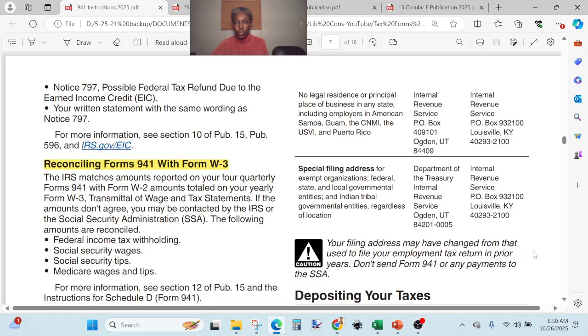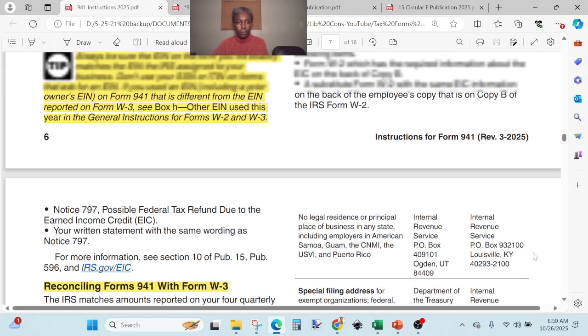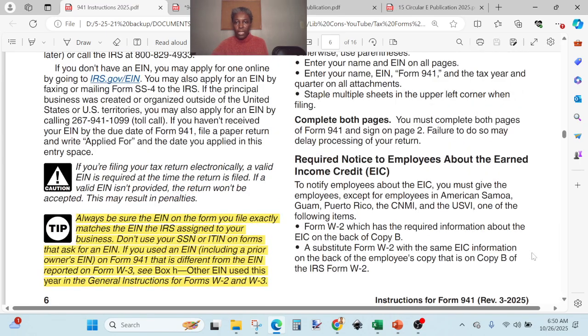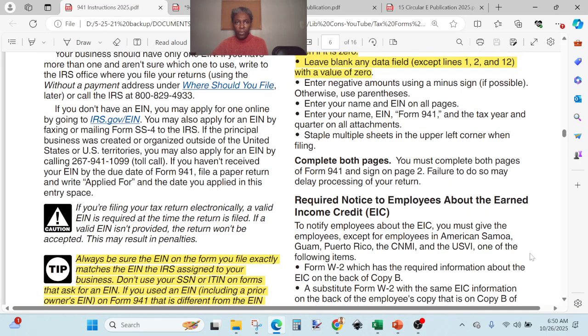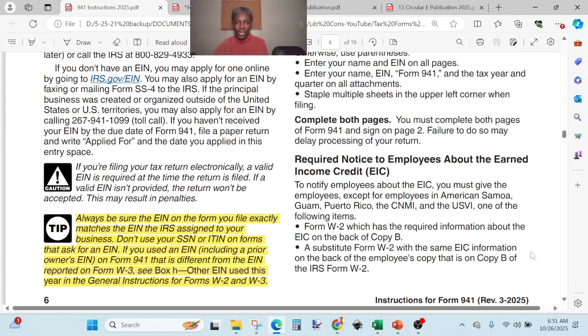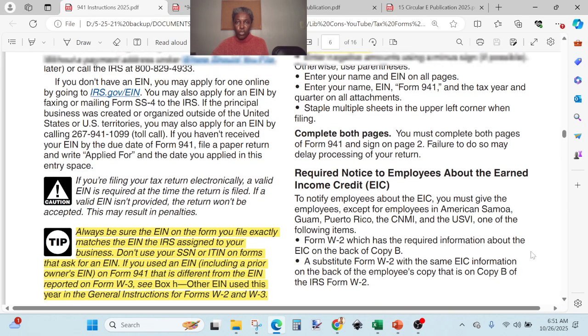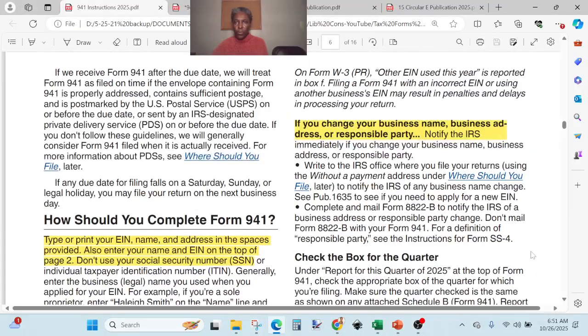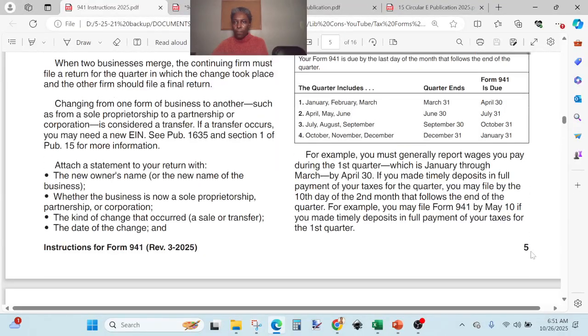It might cost you a little more than the post office, but if you are filing early enough, that will be an option as well. So I'm looking for when it is due, and the quarter 3 one is due by October 30th. But let's see if we'll be able to find that information.